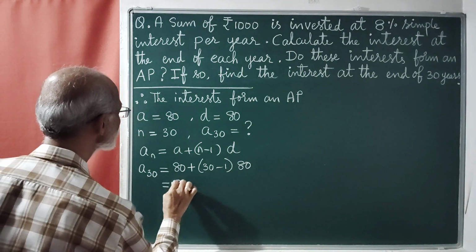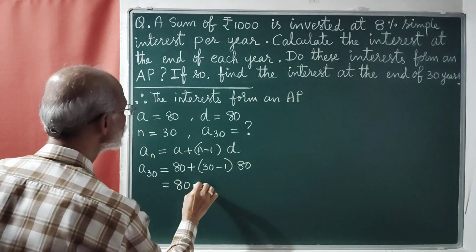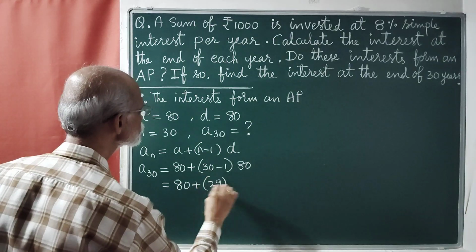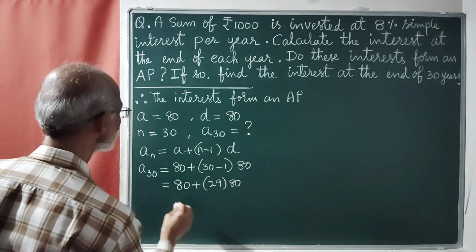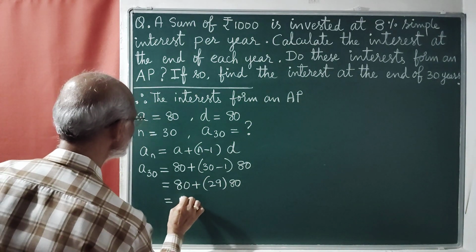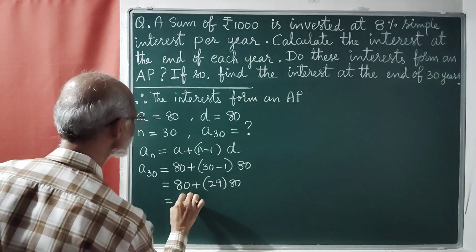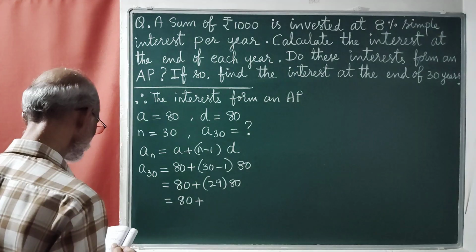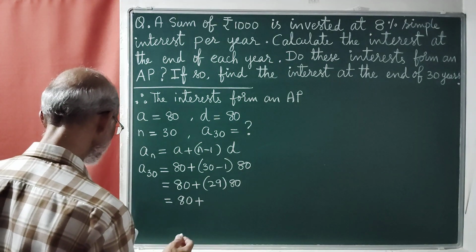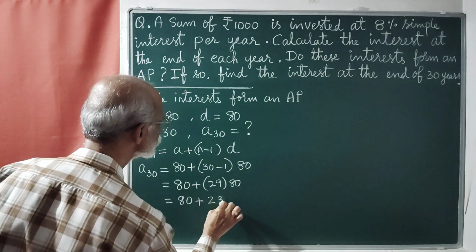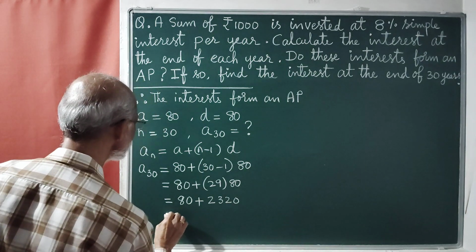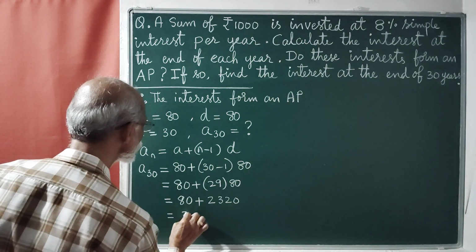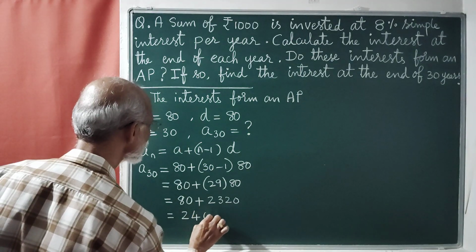That's equal to 80 plus 29 into 80. 80 plus 2320. That's equal to 2400.